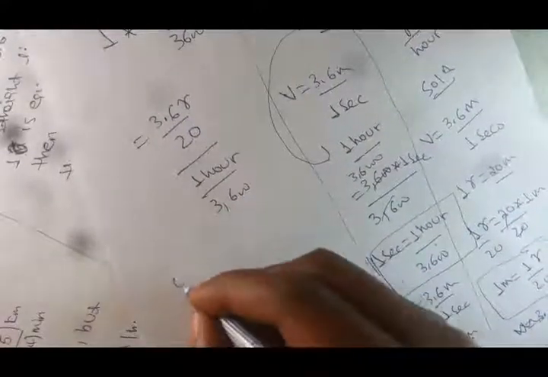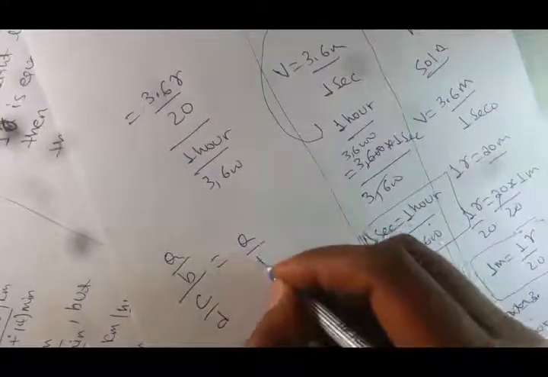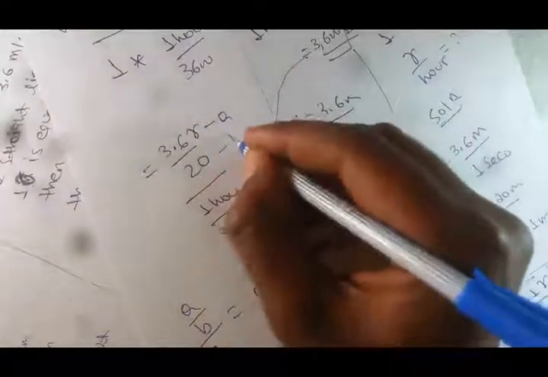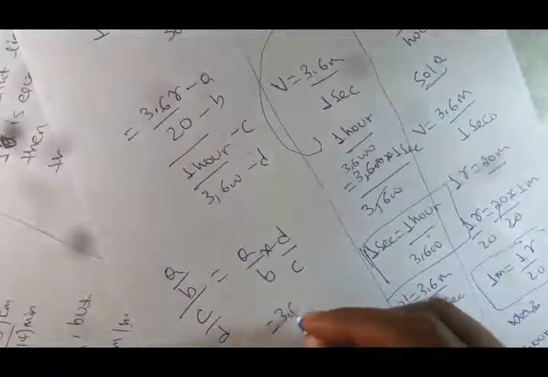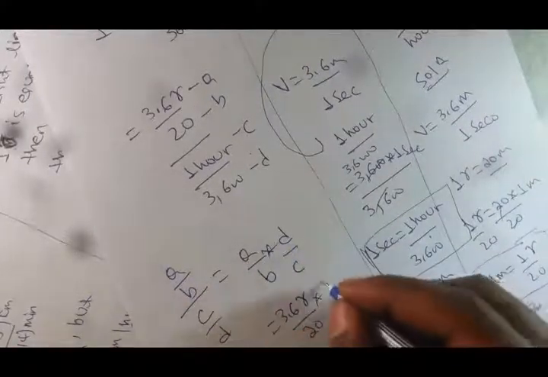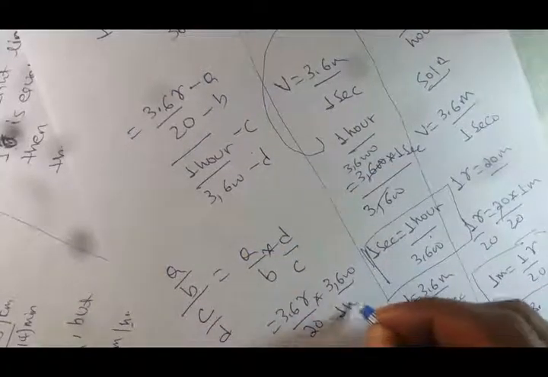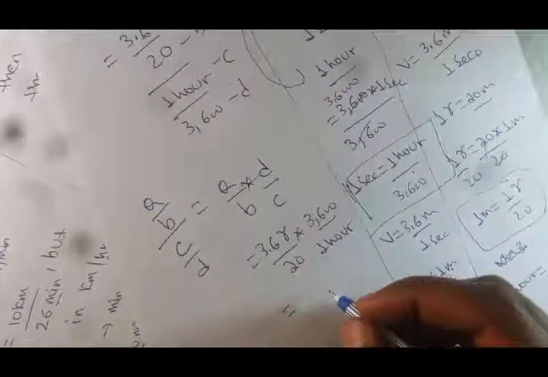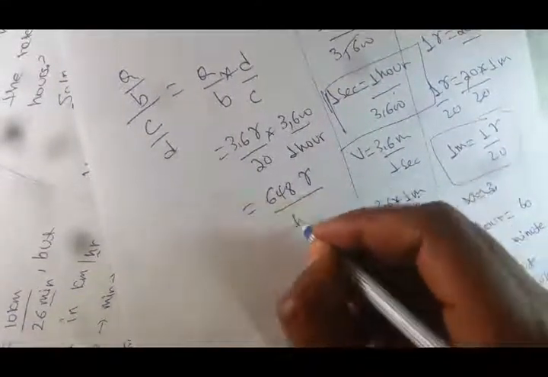And whenever you are given A over B over C over D, this is equivalent to A over B times D over C. From this property, this is A, this is B, this is C, this is D. Therefore A is 3.6 ohm over 20 times the value of D, which is 3600, over the value of C, which is 1 hour. Therefore when you divide this, it becomes 648 ohm per hour.